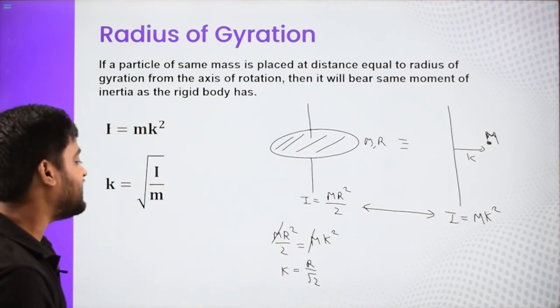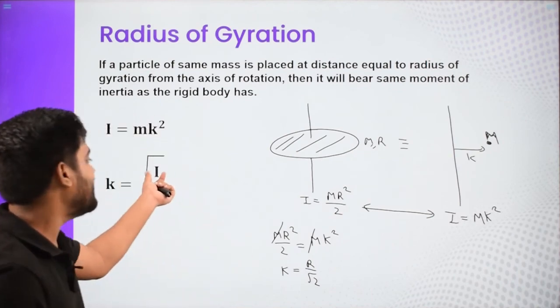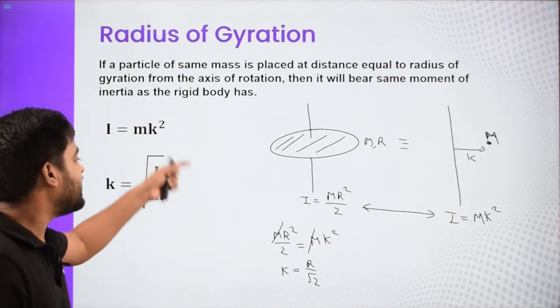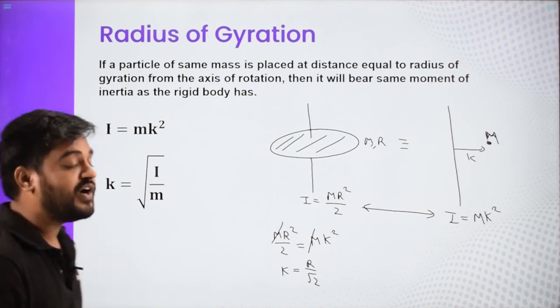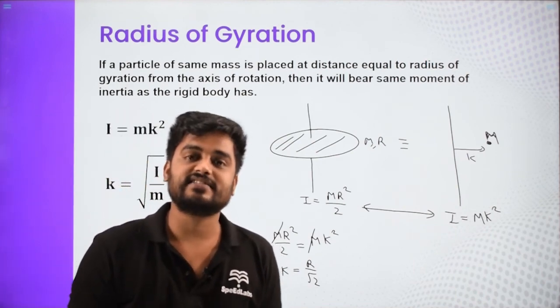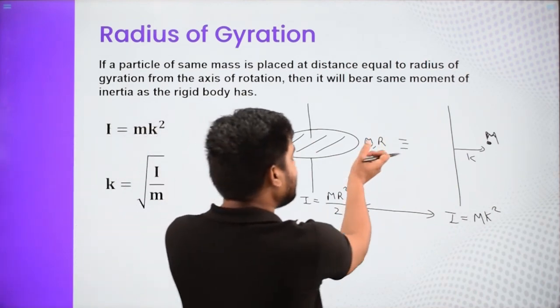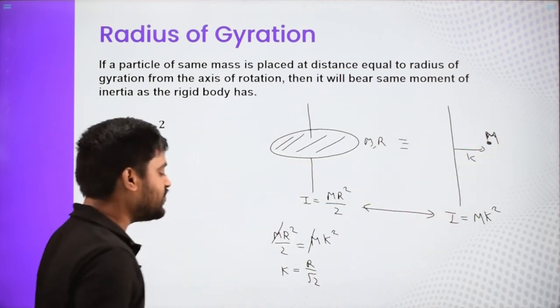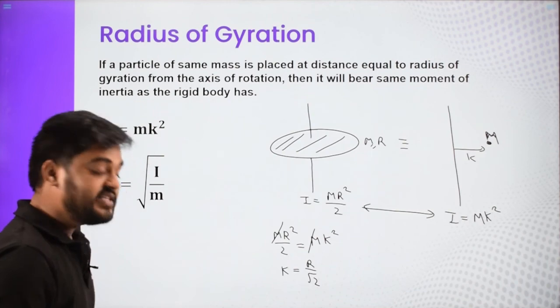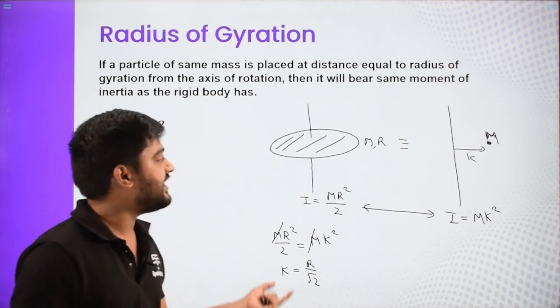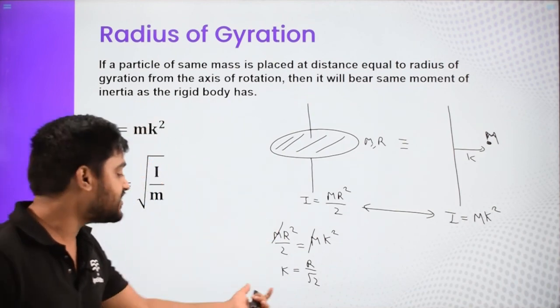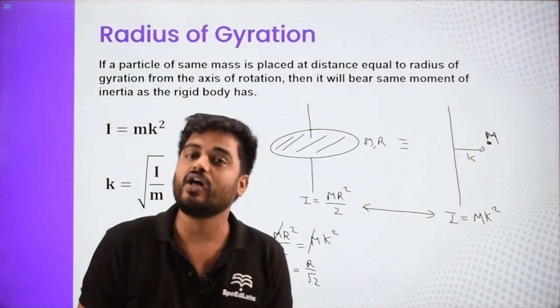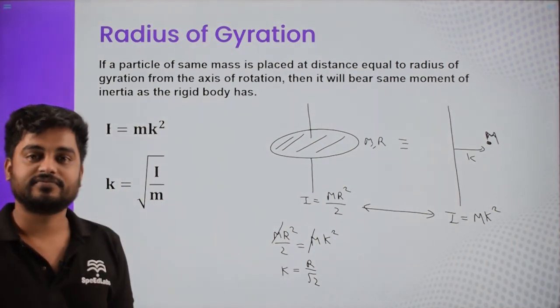So radius of gyration is the square root of the ratio of moment of inertia to mass. It represents the distance where, if you take the entire mass and put it there, it gives you the same moment of inertia. This radius of gyration is useful, but it differs as per the object and axis. The radius of gyration also differs in all our different cases.